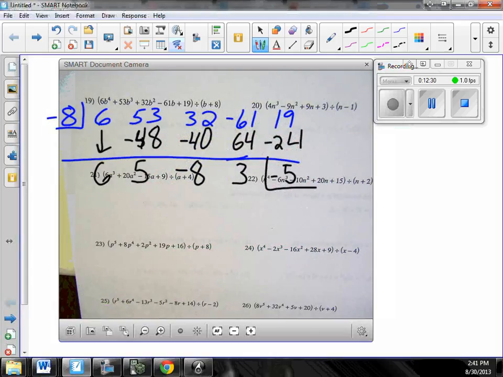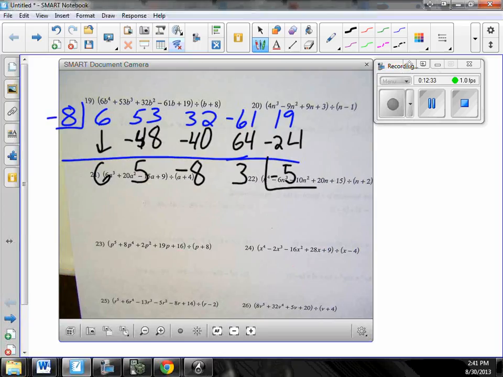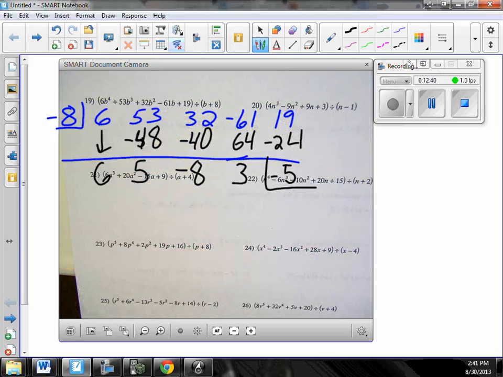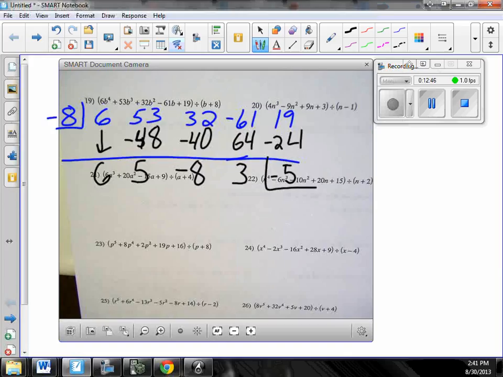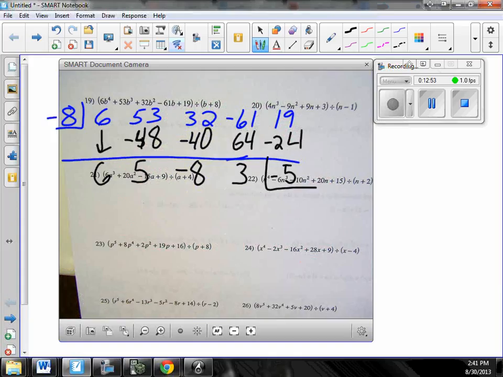So I now need to write what the quotient is. I did my division, now I need to write the answer in equation form. My original equation was b to the 4th, and I divided it by b, which would drop my polynomial from a 4th degree down to a 3rd degree.